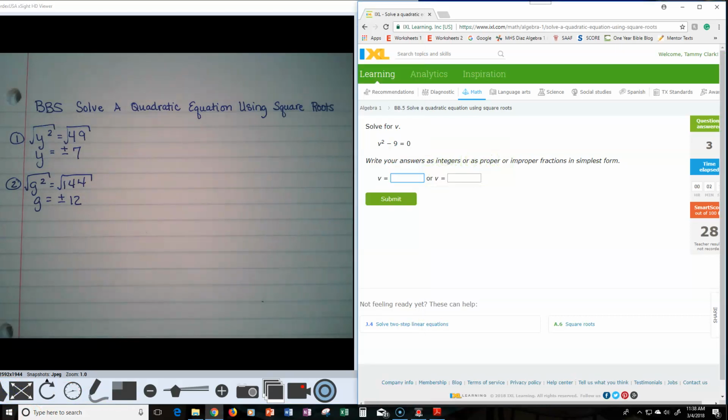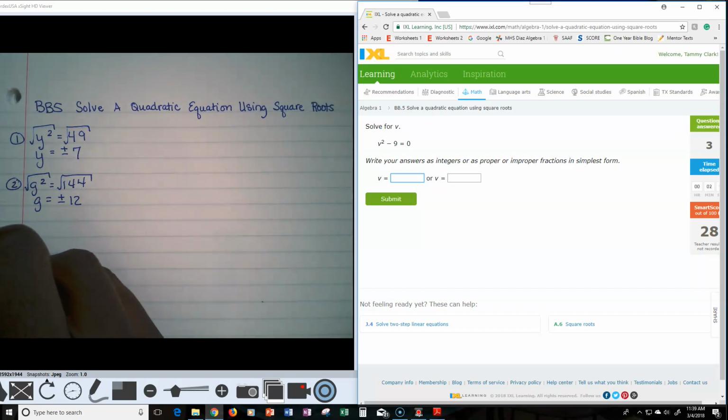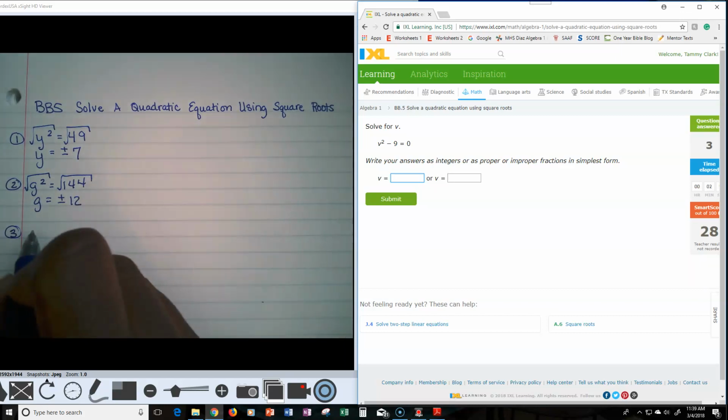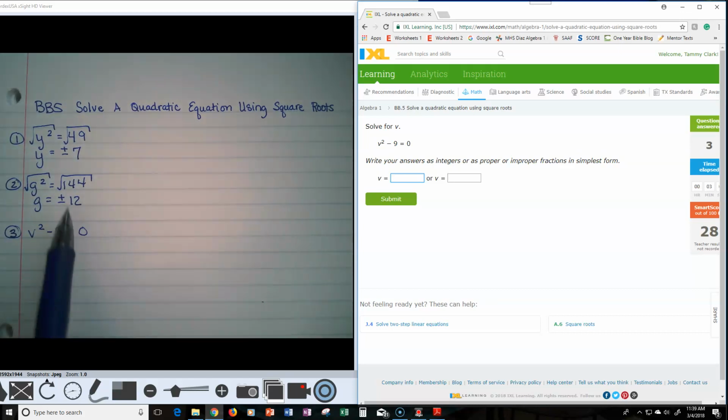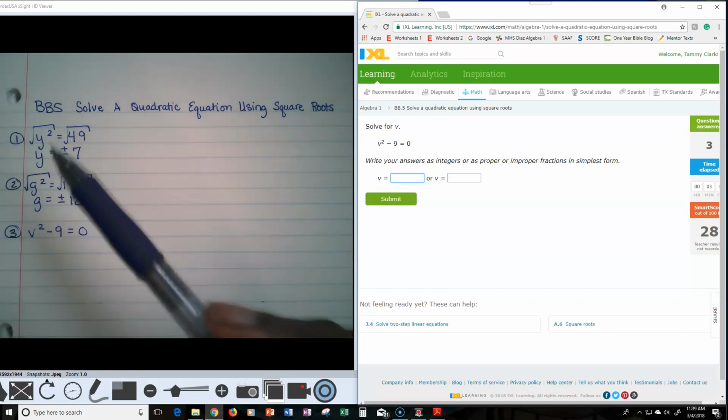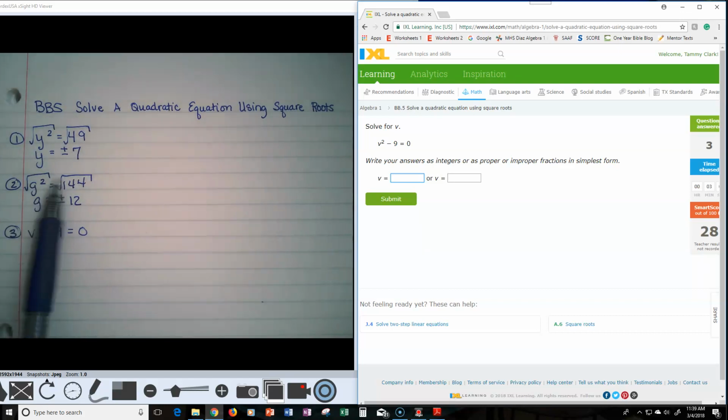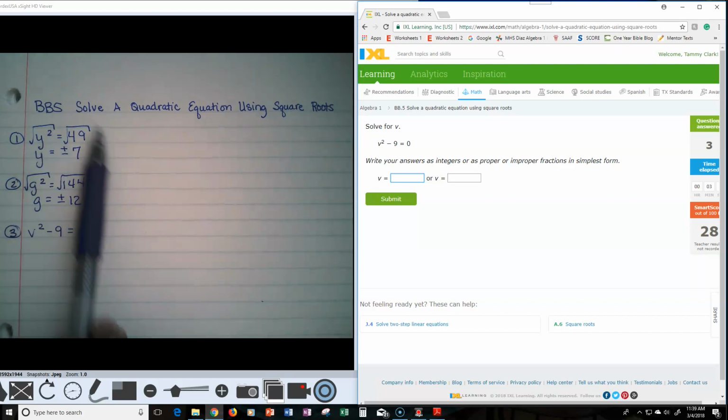Now, as you can see, I've done a couple. We've got one I'm going to call number 3, but really it's number 5, I think, or 4, or whatever: v squared minus 9 equals 0. Now, notice the ones before it, when we took the square root, the constant value was already on the other side of the equal sign.